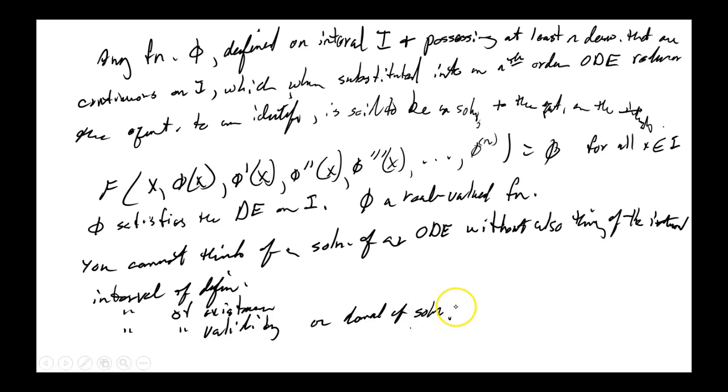Now, it almost bugs me a little bit, but not enough to really do much about it, to not say this every time. After a while, you just sort of assume that you know what that interval is.